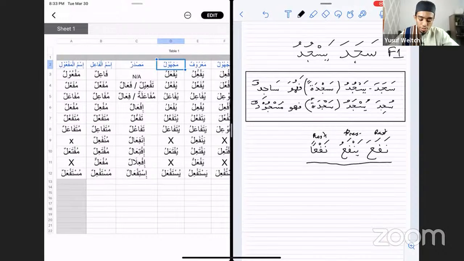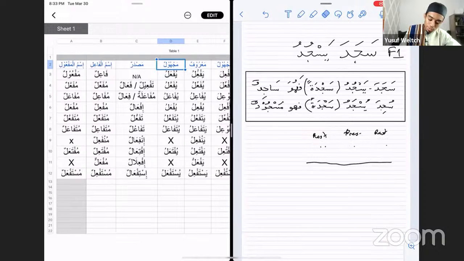Then it's the same root noun، فهو منفوع. Good, very good. Right, so نفع ينفع نفعا فهو نافع ونفع ينفع نفعا فهو منفوع. Right, so that was good. Let's have any other next volunteer?